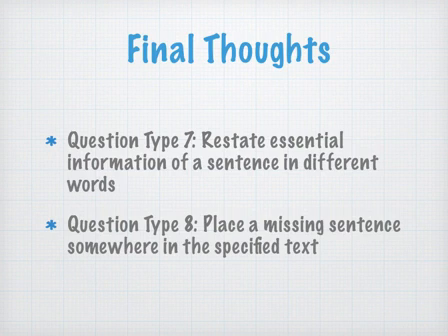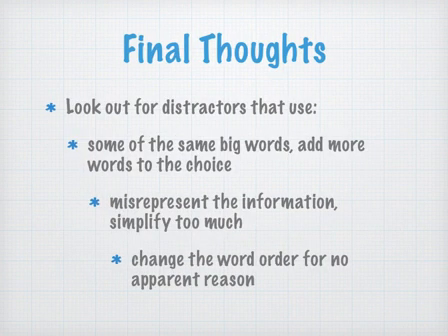This is a very common question type for question type 8. Look out for distractors that use some of the same big words but add more words to the choice. Answers that misrepresent the information, or answers that simplify too much, and answer choices that change the word order for no apparent reason. They don't make the information more clear, or they don't actually add anything to the information that you've already got.